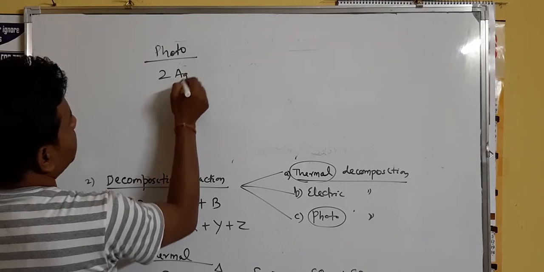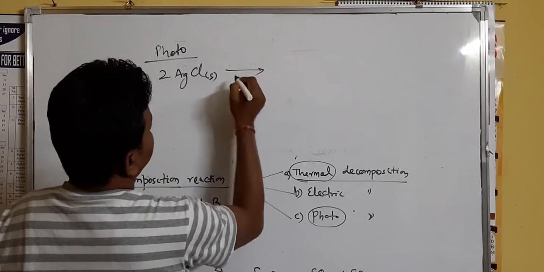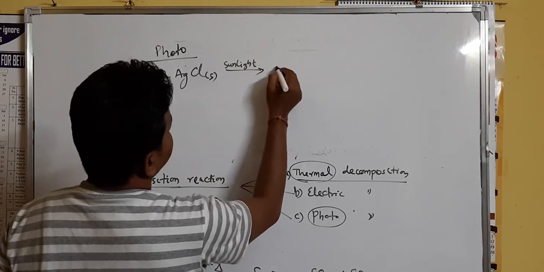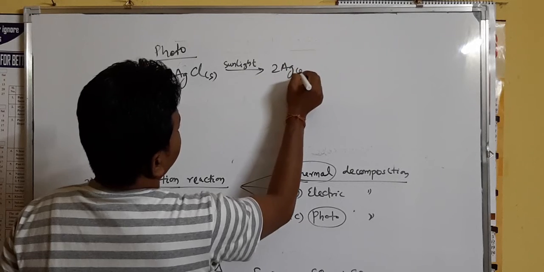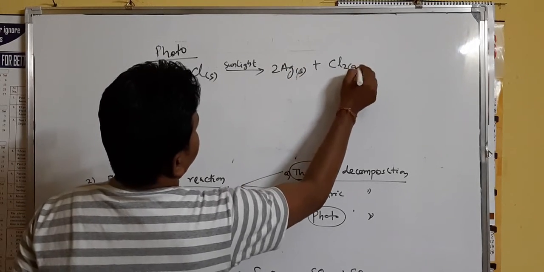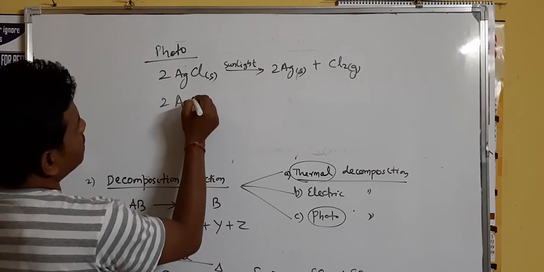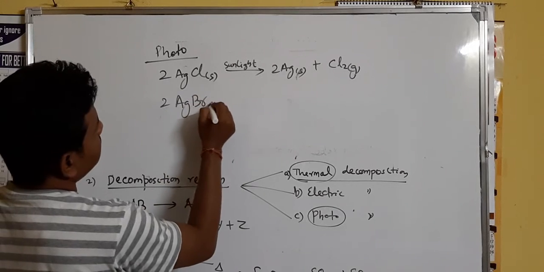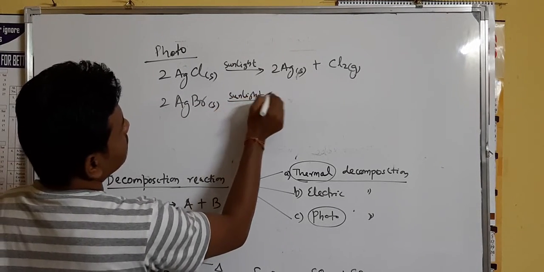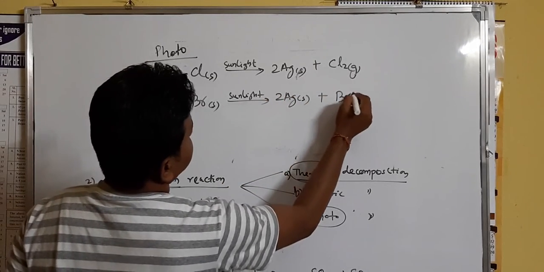The reaction is 2AgCl solid, when exposed to sunlight, breaks to form 2Ag solid plus Cl2 gas. Similarly, another example, 2AgBr, silver bromide, when exposed to sunlight, also forms 2Ag plus Br2.